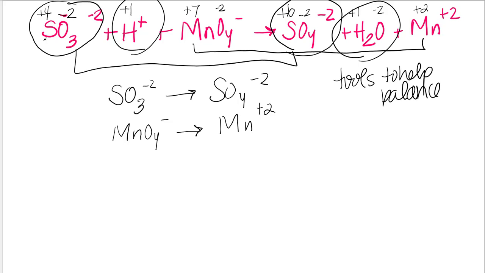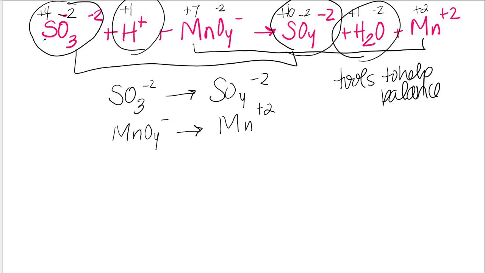Never include them in the initial half reaction. That H+ on the left-hand side, the acid ion, is just a proton, a hydrogen ion. It's used to balance the H's in a half reaction. That water molecule is a tool that we're going to use to balance oxygens in a half reaction.